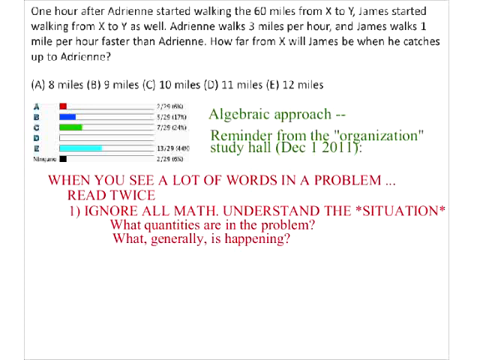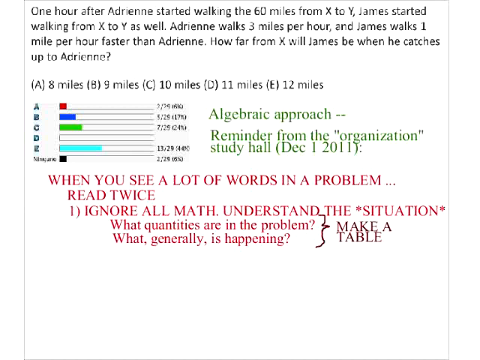And based on these things, you can make a table. So from just what quantities are in the problem and what is happening, you can make a table. In the case of rate problems, making a table is a little bit more trivial because rate problems always have the same table.